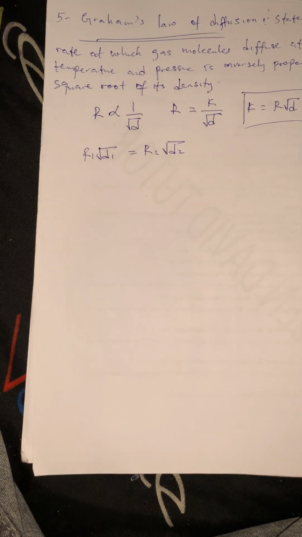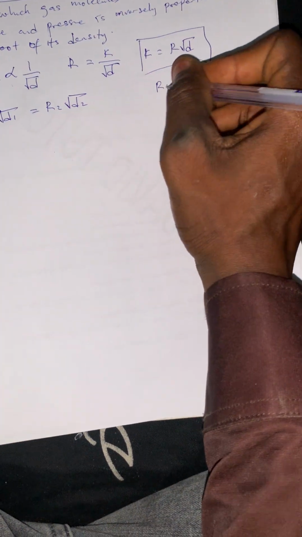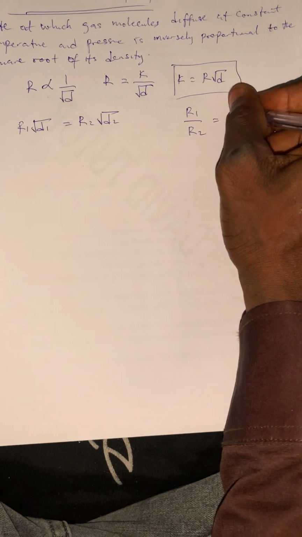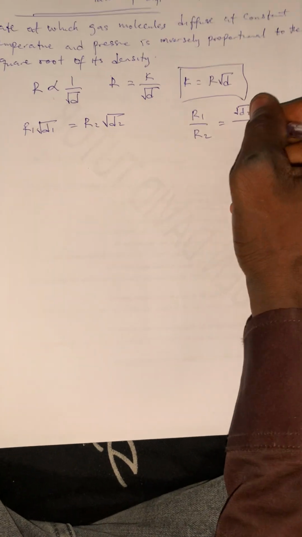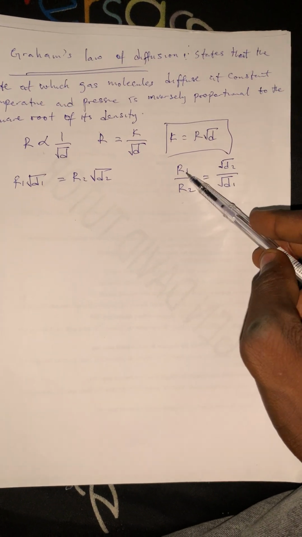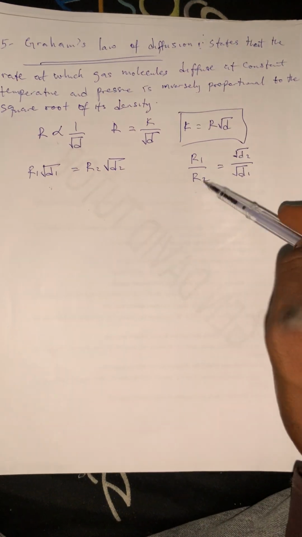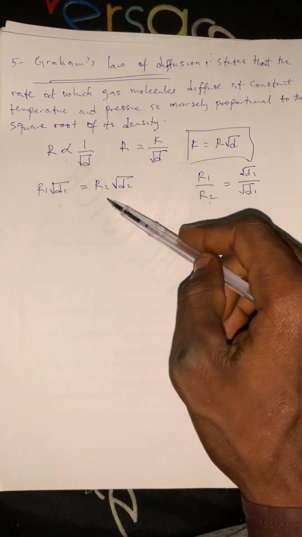Now, there's a formula that people normally derive from here, but if you don't know the formula, you can just use this one straight up. The formula says r1 over r2 is equal to square root of d2 over square root of d1. How did I know that this will happen? If you cross multiply this, you observe that r1 will come and multiply square root of d1, which is the same thing with this. Then r2 will come and multiply square root of d2, which is the same thing with this.